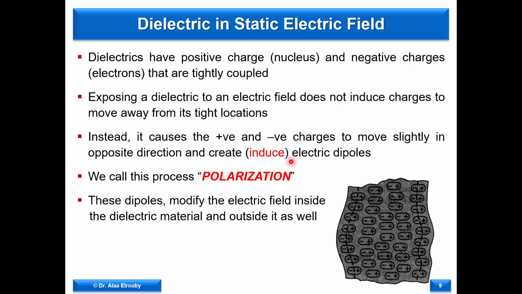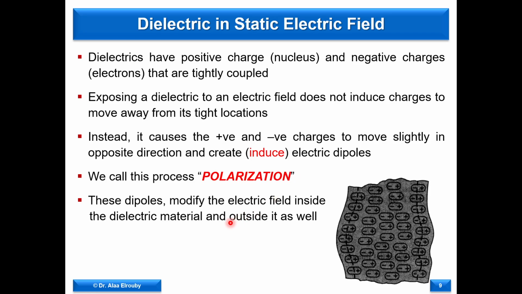So the positive charge will try to align along or move in the direction of the electric field. The negative charge will move in the opposite direction. And this process of affecting the internal structure of the material is called polarization.